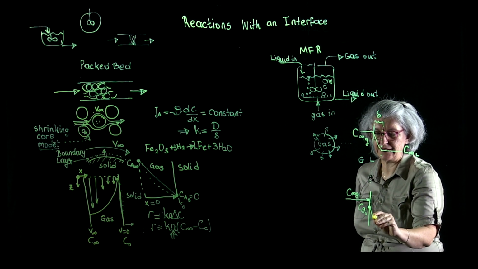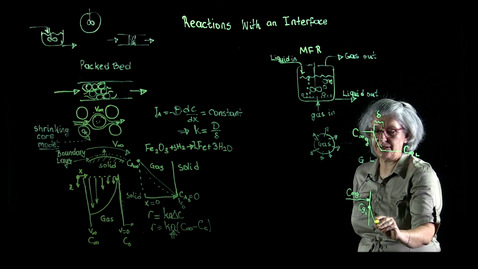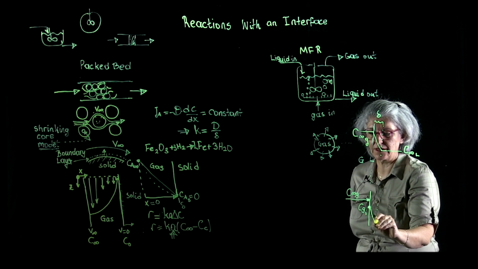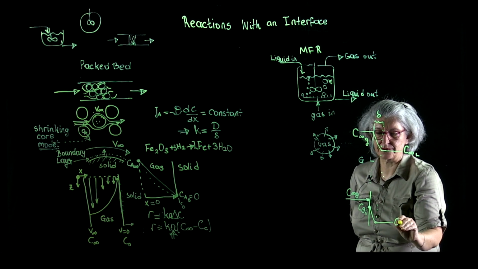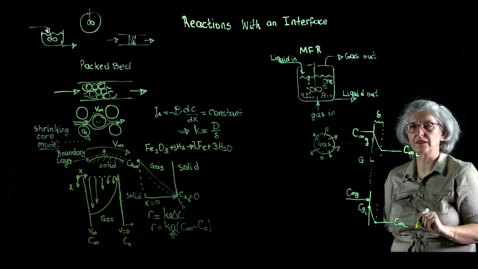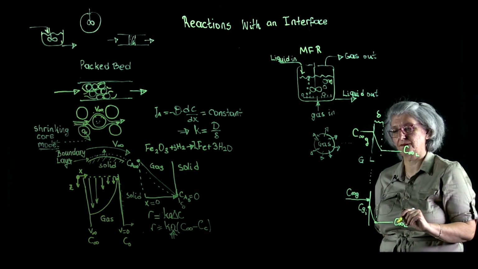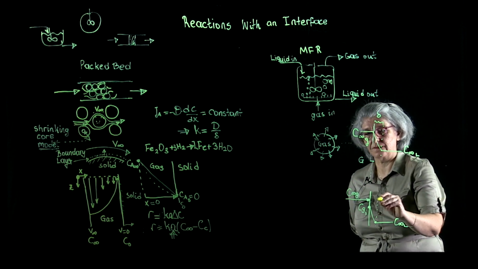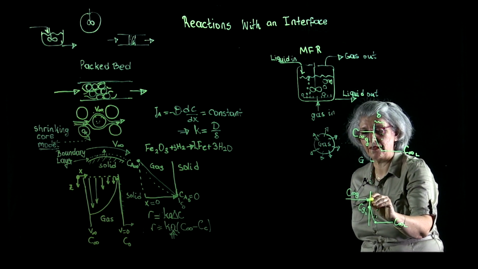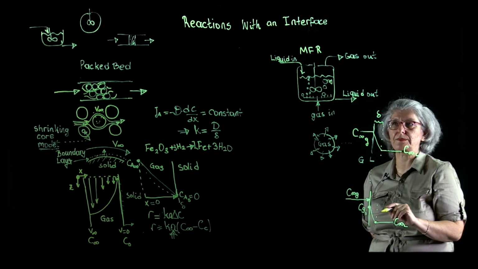At this interface, we have a film mass transfer. Beyond this, we have the bulk liquid concentration. So this is how we make carbonated beverages.